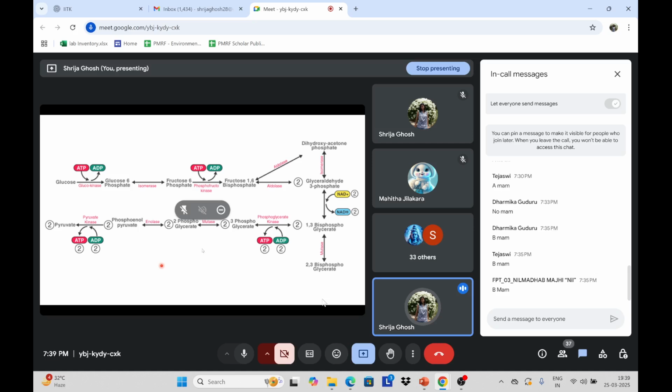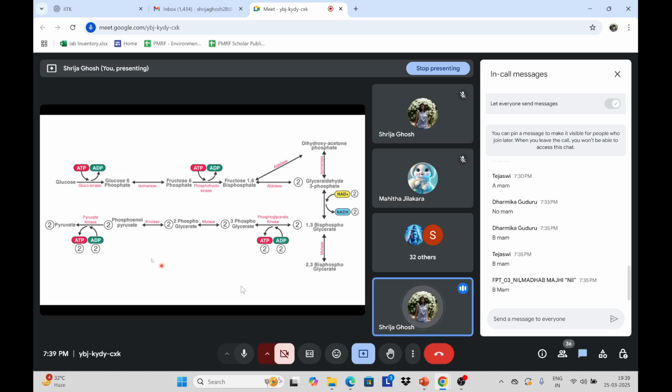Is this clear to everyone? If you have any doubt, please ask. This is a very important pathway, so you should all be able to understand it.